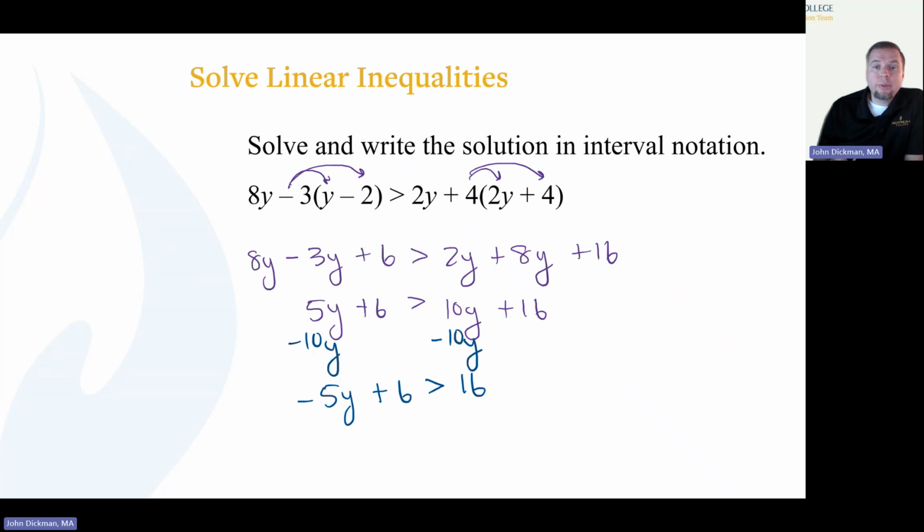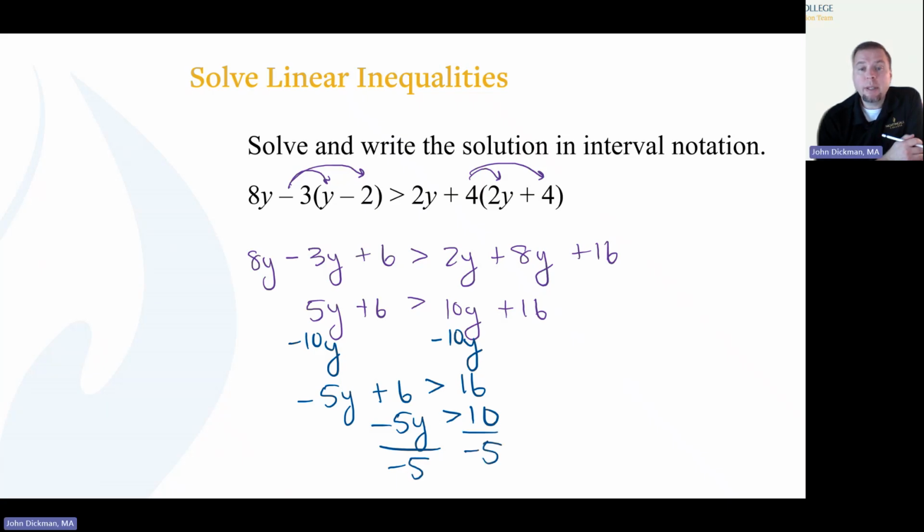Subtract 6 from both sides. -5y is greater than 10. Now, to get y totally by itself, I need to divide by -5. I am dividing both sides of the inequality by a negative number.